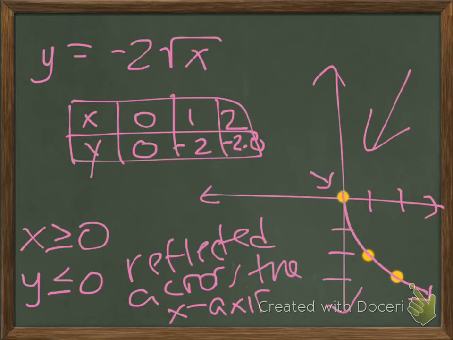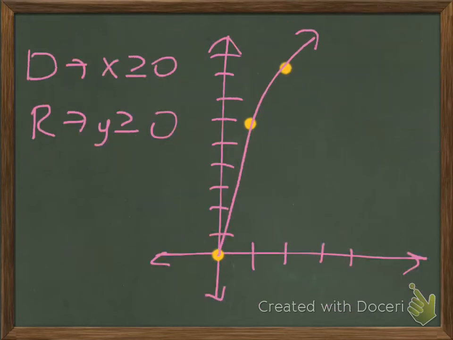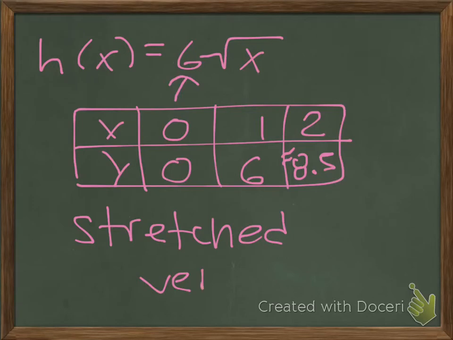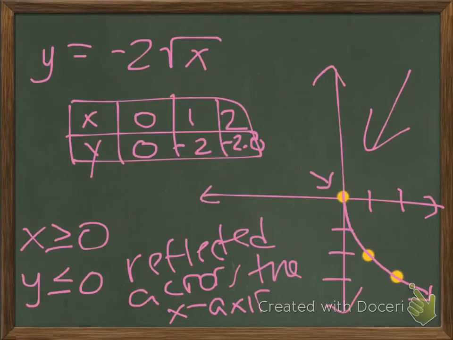And it also is stretched vertically. Now the other ones were actually stretched vertically as well, because we multiplied the parent graph by a number other than 1, so it does make it a little bit stretched. So if I wanted to compare those to the parent graph, I would also say stretched vertically, but that's all I would say. With the one I just did, I would say that it's stretched vertically, but it's also reflected across the x-axis.